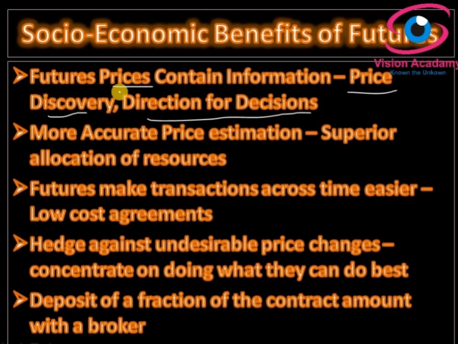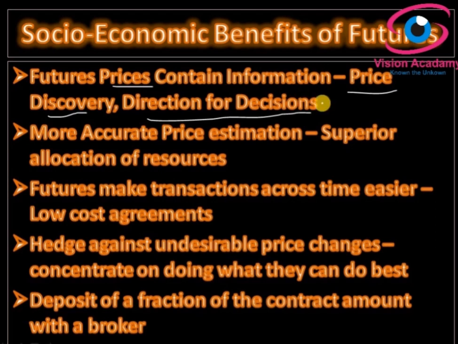Just because futures prices contain information regarding prices, commodity producers and consumers can get to know what the future spot price will be and what future supply and demand of a good will be. By observing the current futures price, they can make better production and storage decisions.